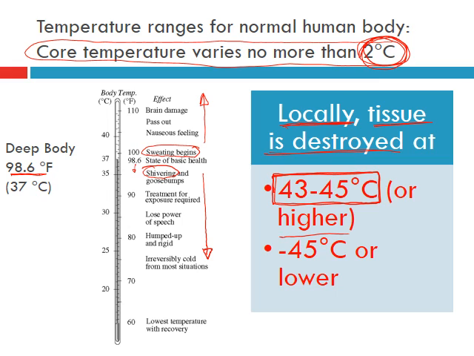Then in the lower range, if we want to be totally sure in cryosurgery that the tissue has been destroyed, then we need to reach something like -45°C. So these two temperatures are going to be useful in some of our applications.